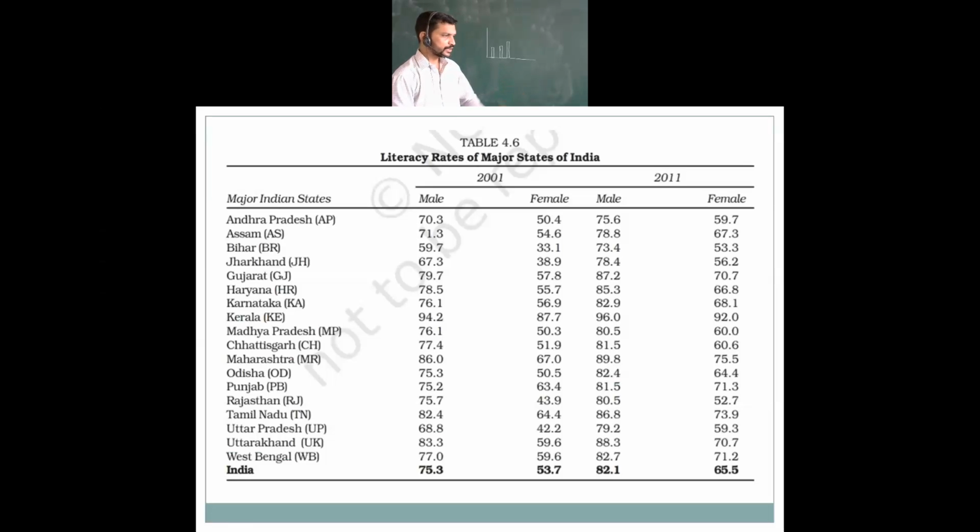Just check it out. Under males first, the highest rate of literacy here is in Kerala, males 94.2. The literacy rate is 94.2, which means out of 100 people, 94 people are educated. See, this is the literacy rate.